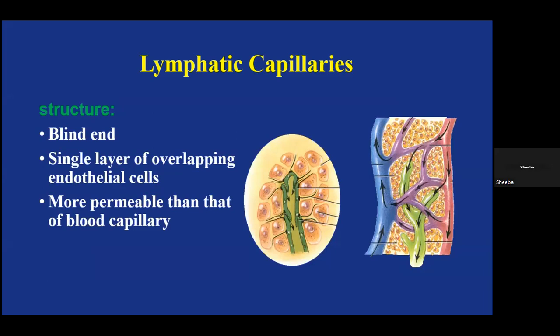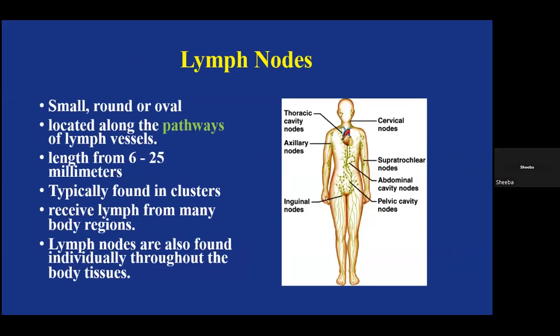Because they are more permeable, these lymphatic capillaries easily absorb the fluid from the interstitial space. After they absorb the lymphatic fluid, it goes to the lymphatic vessels, and finally to the lymph nodes for filtering out harmful substances.